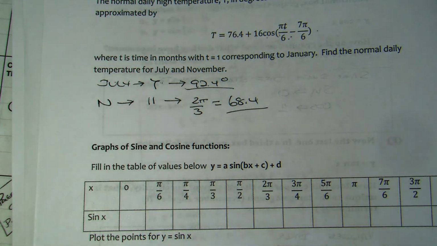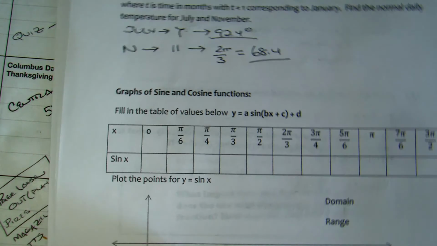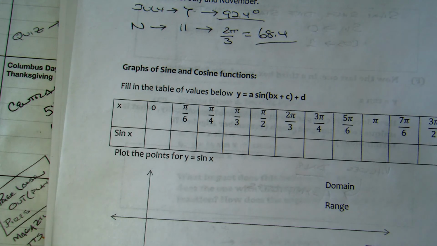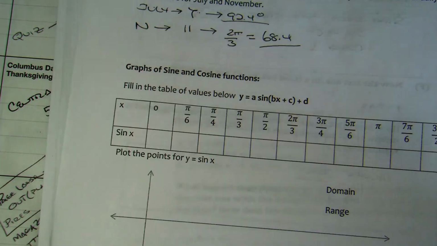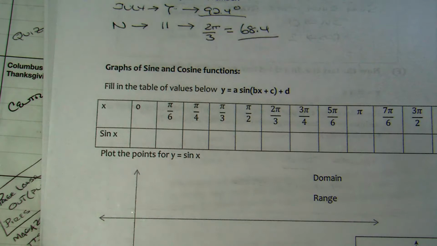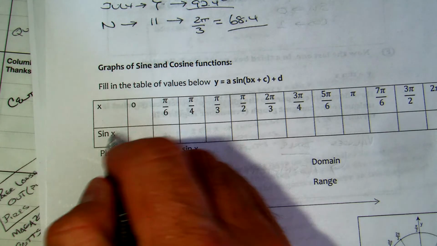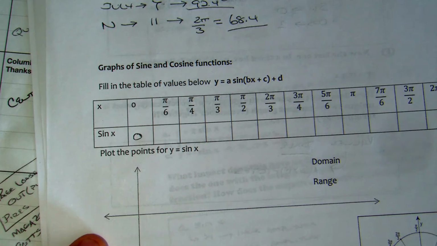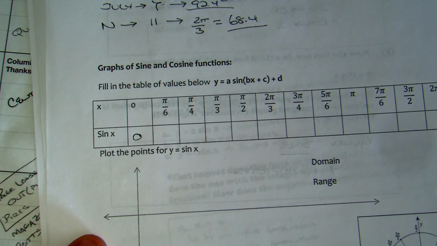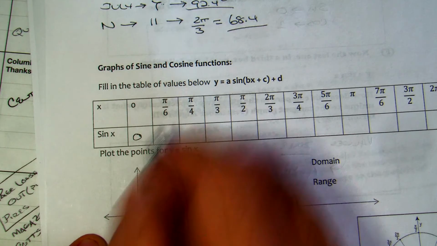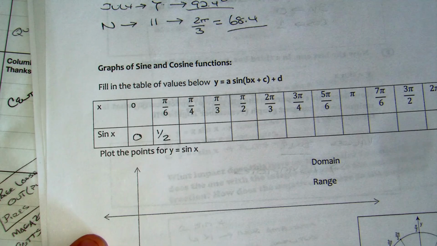Okay, so we'll start with graphing sine. And to get an idea of why it is, we all know it's periodic. We went through it in the introduction. Here's why. If I plug in 0, the sine of 0 is 0. If I plug in pi over 6, I get 1/2.